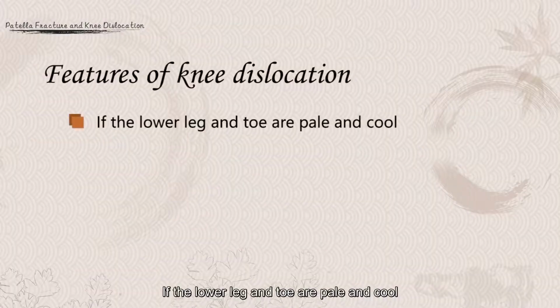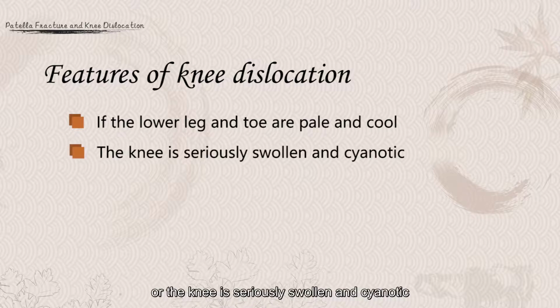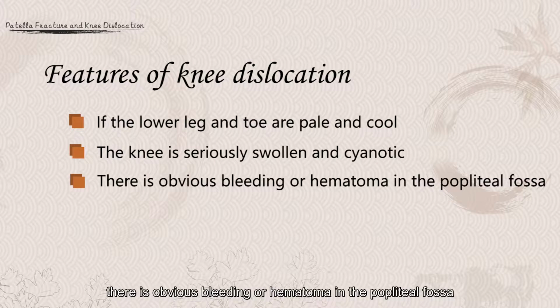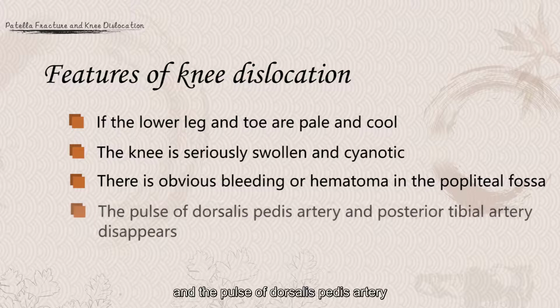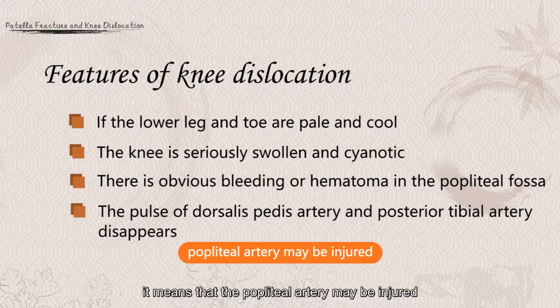If the lower leg and toe are pale and cool, or the knee is seriously swollen and cyanotic, there is obvious bleeding or hematoma in the popliteal fossa, and the pulse of the dorsalis pedis artery and posterior tibial artery disappears, it means that the popliteal artery may be injured.